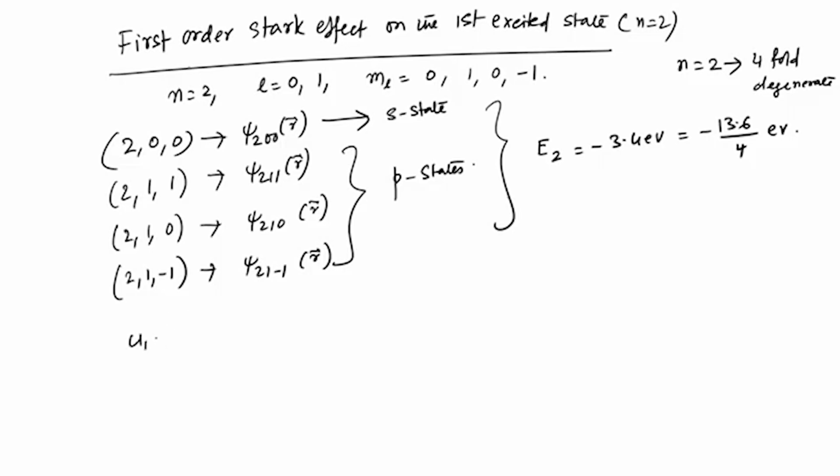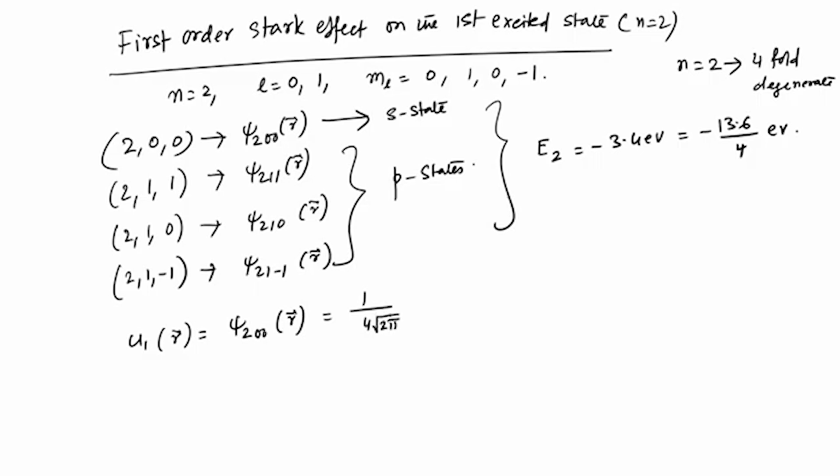So, let us call u1(r) equal to psi 200, that is the notation that we have used earlier, this u1, u2 etc. Explicitly writing what these are, you can look at any book and get these explicit forms.